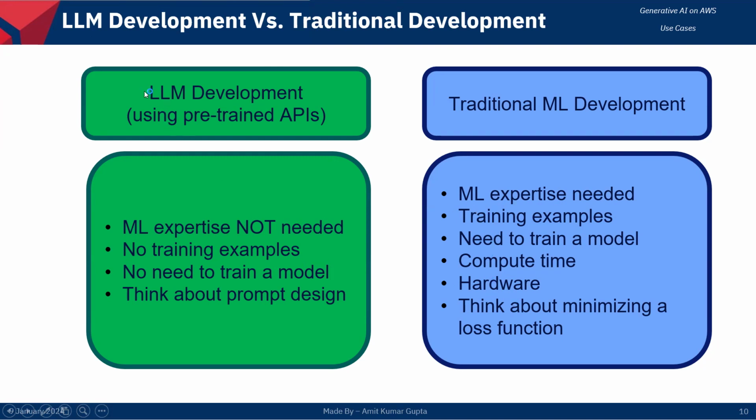But here in large language model development, we don't need any machine learning expertise. No training examples or data are required because these models are already pre-trained, and there is no need to train the model. This is the basic difference between LLMs and the old traditional models, right?